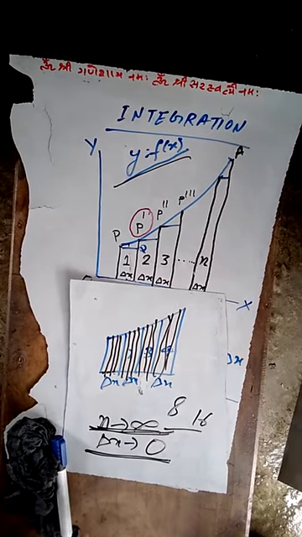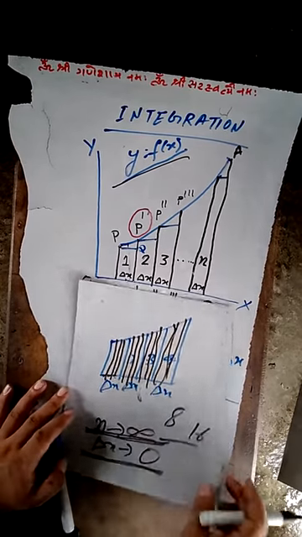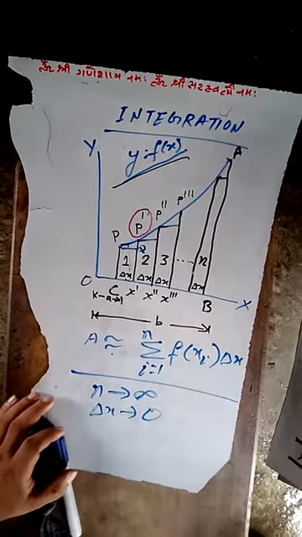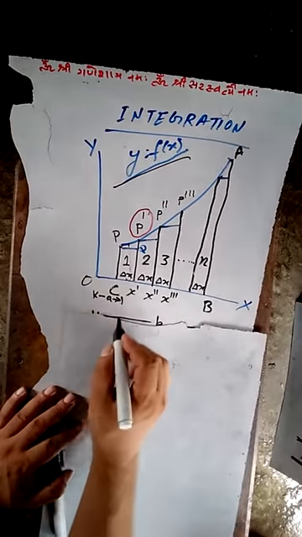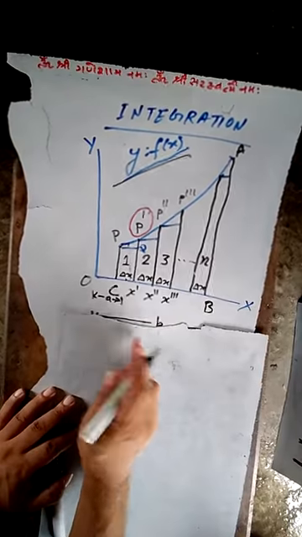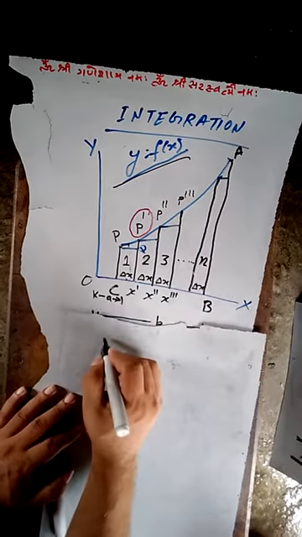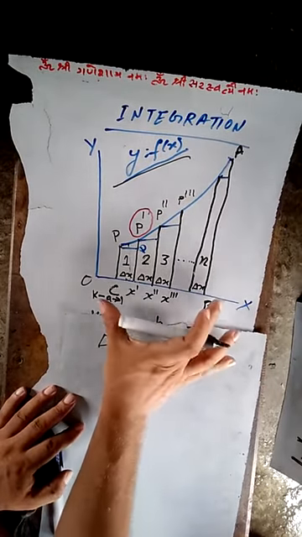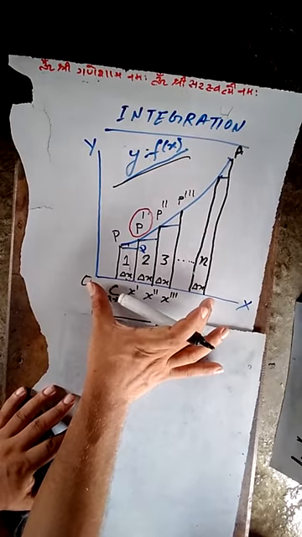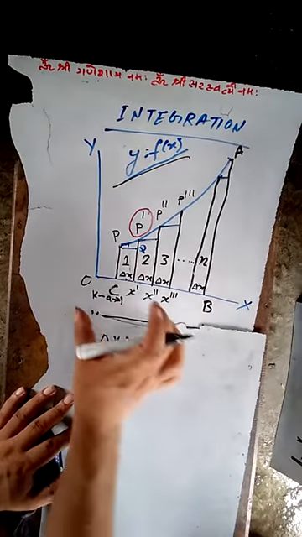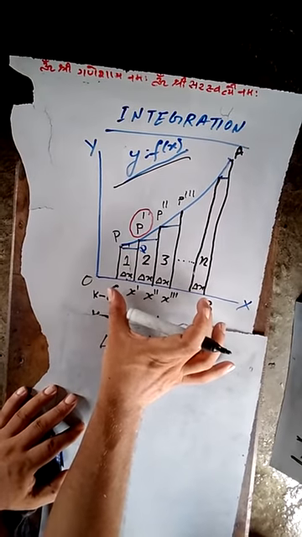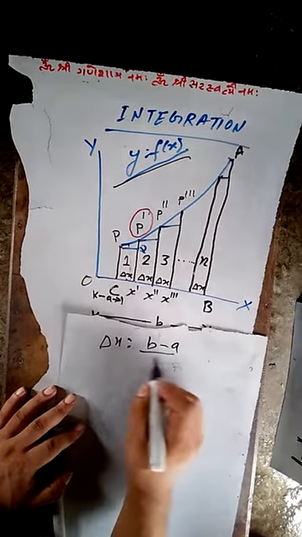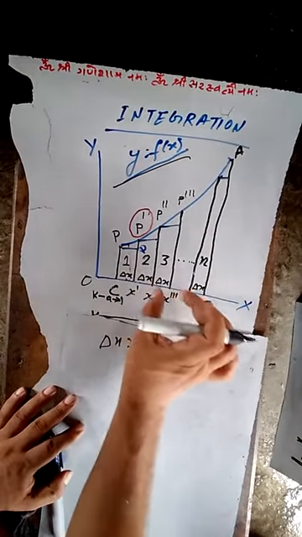And in mathematical terms, we can also find it. Here you can see what delta x actually is. From here to here is b, and here to here is a. So this length is b minus a, and this length has been divided into n strips.